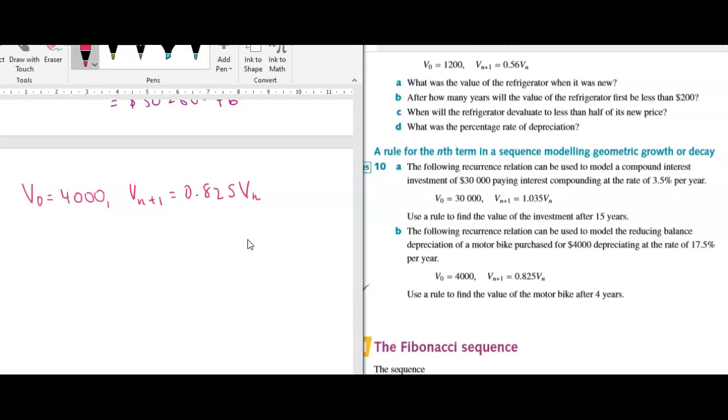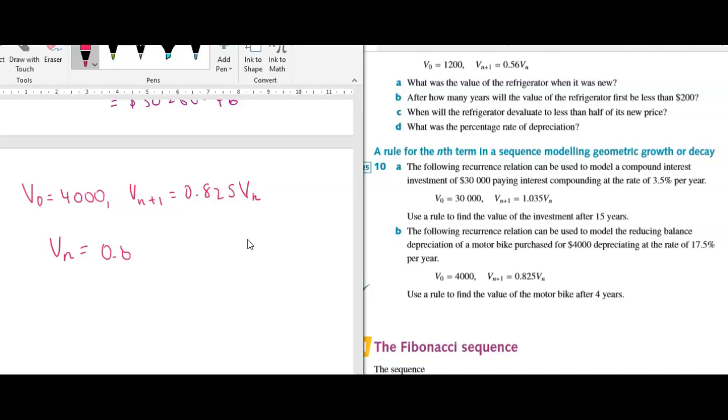So your rule, Vn, the value of the, boat? Motorbike? Okay. The value of a motorbike after n years after it was bought for $4,000. That's a cheap motorbike.